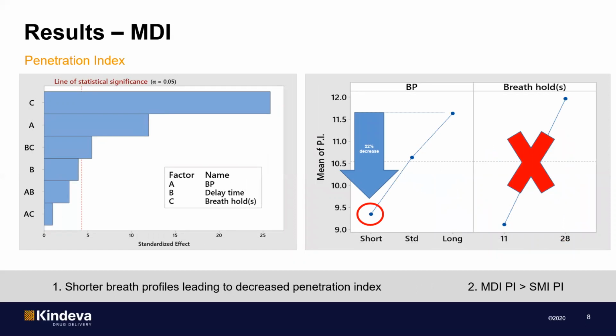So finally, in terms of the penetration index results for the MDI, again, we have this issue with the hold time. However, it is likely that an extended hold time is preferable in terms of penetration index.